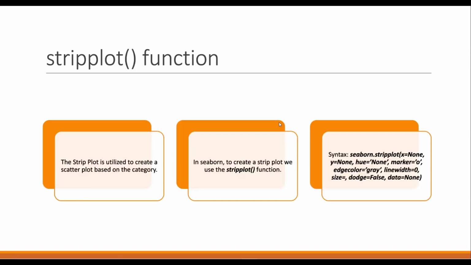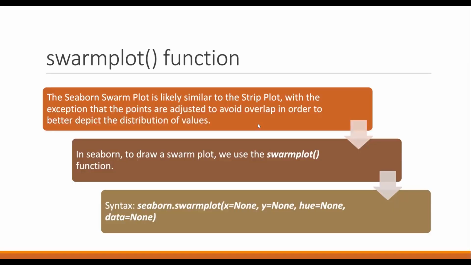So with this, we have learned to create the strip plot. Now we will move ahead and learn to create the swarm plot in the Seaborn library. In the Seaborn library, the swarm plot is similar to the strip plot with the exception that the points are adjusted to avoid overlap in order to better depict the distribution of values. You call the swarmplot function to create it.